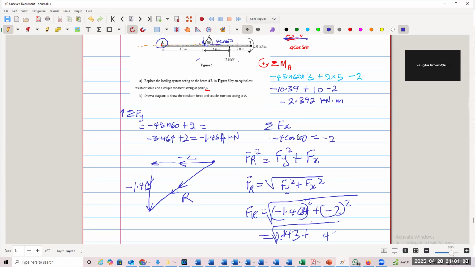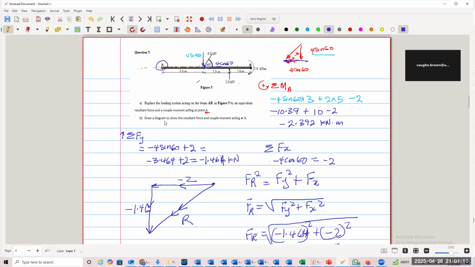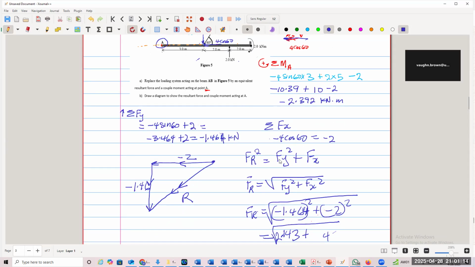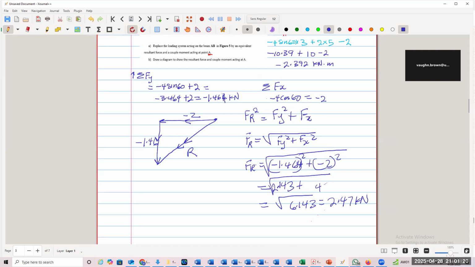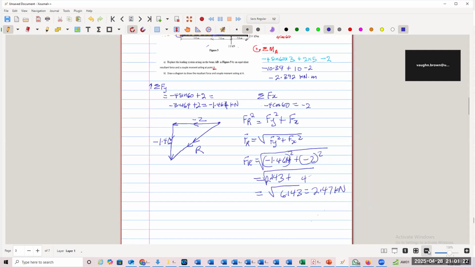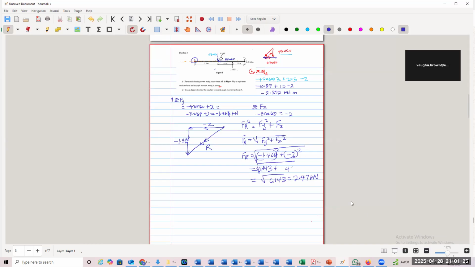Now, they said you are to draw a diagram showing the resultant force and the coupling moment acting on A. I don't think I asked you for that in your question, but this question asks it. So let's do it now and see if I can draw it here.